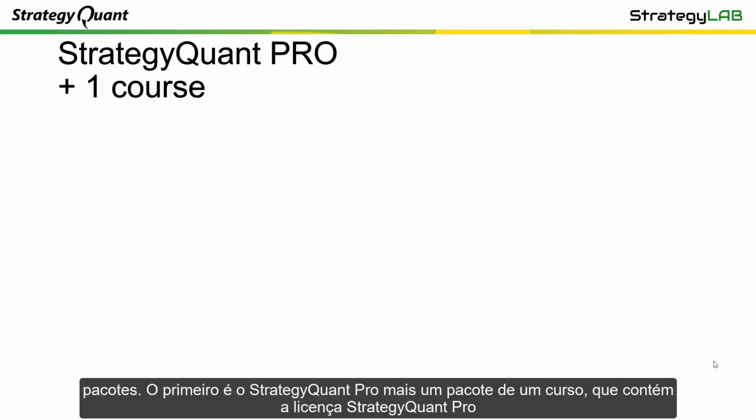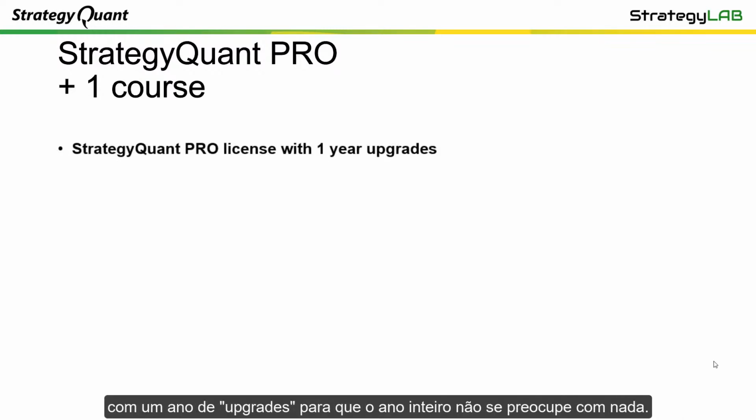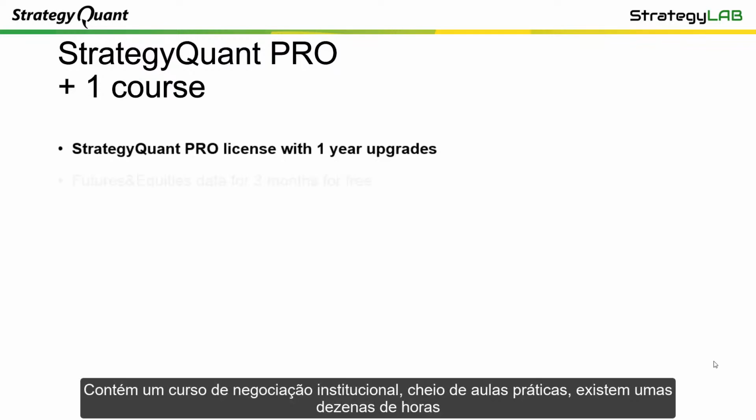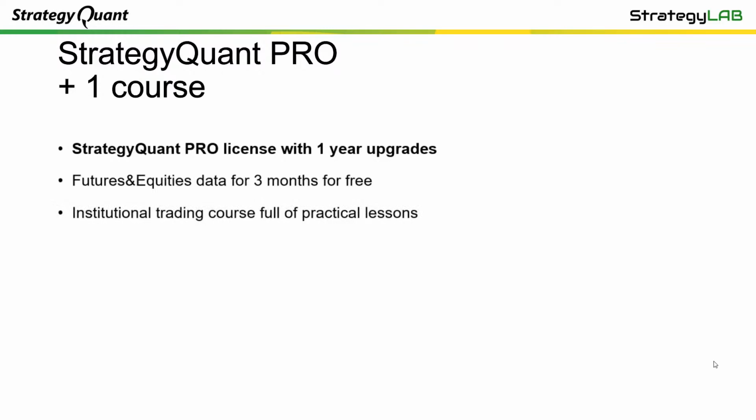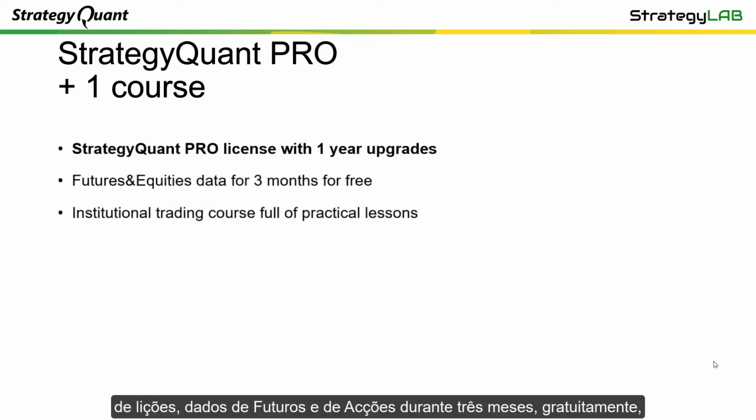The first one is the StrategyQuant Pro plus 1 course package, which contains a StrategyQuant Pro license with 1 year of upgrades, so the whole year you don't take care of anything. It contains the institutional trading course full of practical lessons. There are tens of hours of lessons.